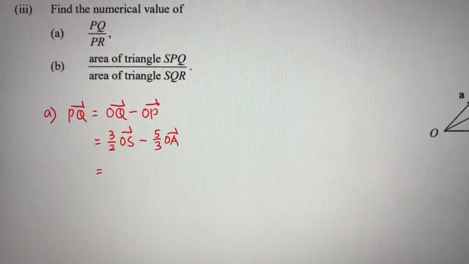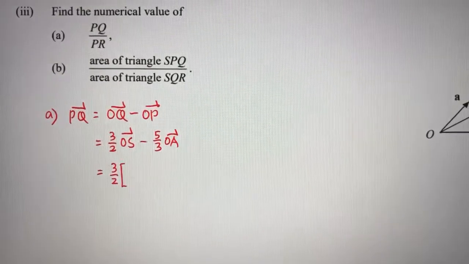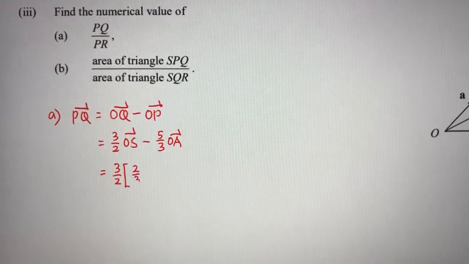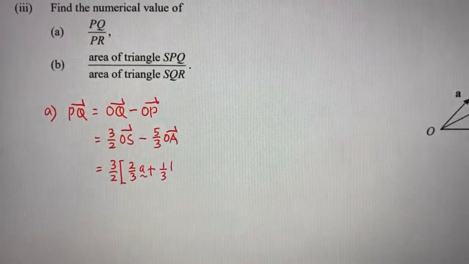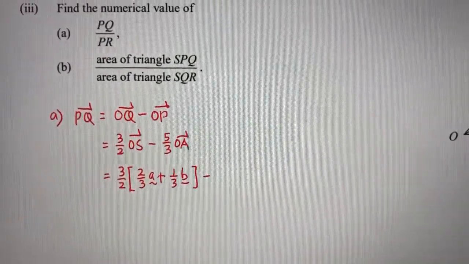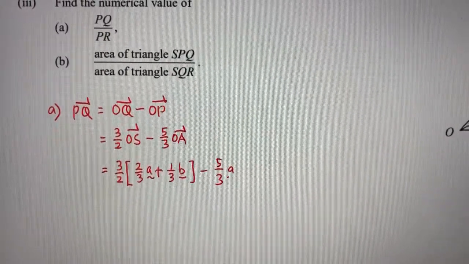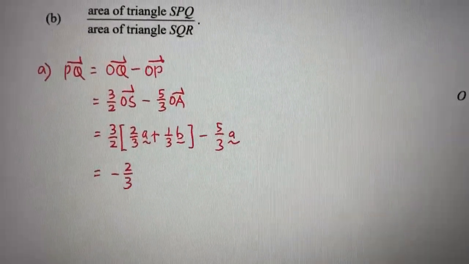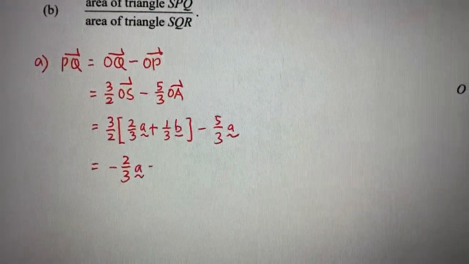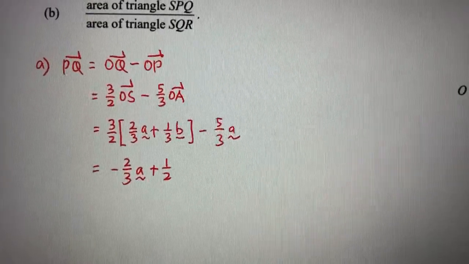All these are obtained from the previous part of the question. And for the vector OS, again we tap on the answer that we have found in the previous part. And vector OA is simply A given by the question. We then are able to express our vector PQ as negative 2/3 of A plus half of B.